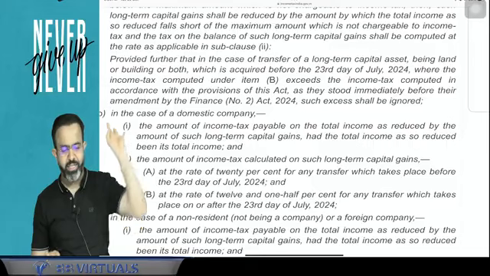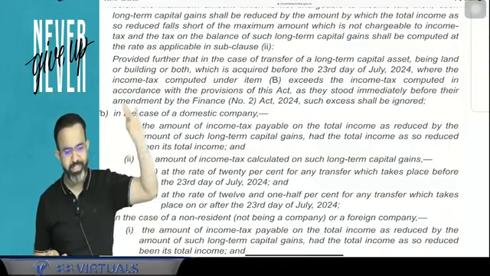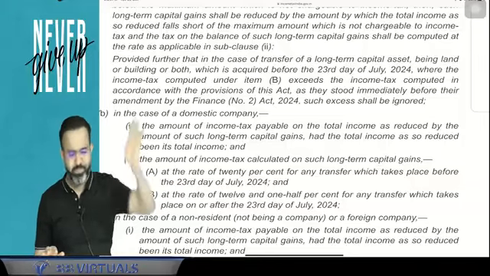So Nirmala Sitharaman ji made one amendment, and I will explain it after the break.